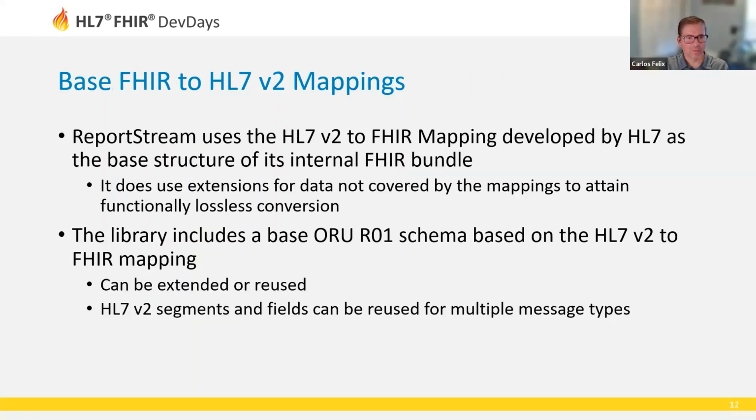One of the key things we did was to use the HL7v2 FHIR mapping that was developed by HL7 in our system, because we wanted to have a FHIR bundle format that was standard so other people could use. And this was actually a big deal because we do have a sister project called Simple Report that was able to go from CSV all the way to FHIR very easily by following this format.